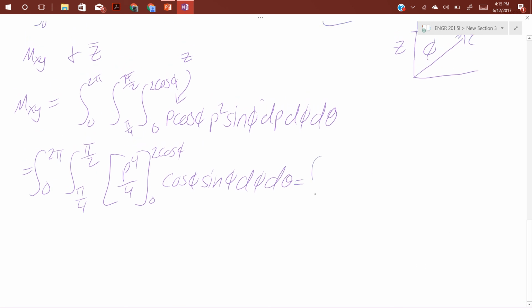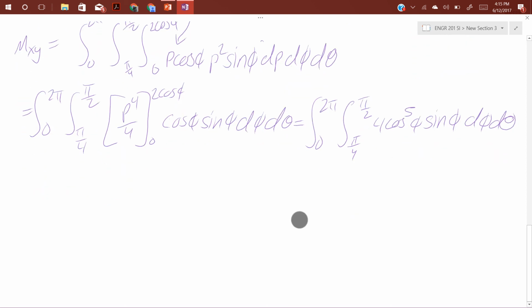And then this would equal, from 0 to 2 pi, pi over 4 to pi over 2, of 4 cosine to the 4th, actually to the 5th phi, because we have an extra phi right here. And then times that by sine phi, d phi, d theta.